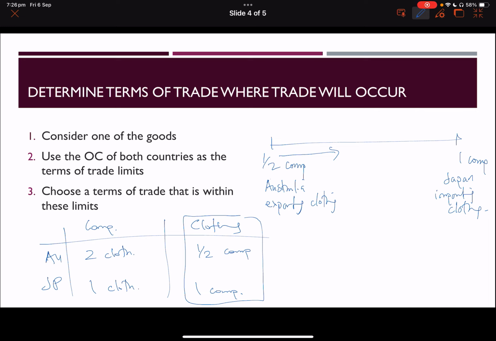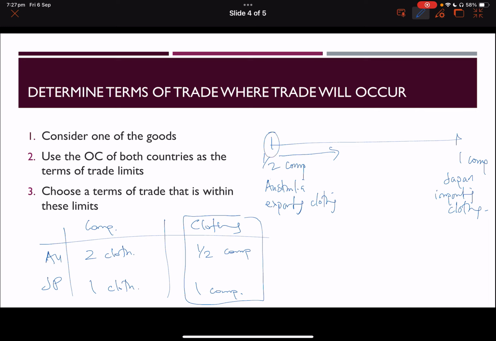That's its structure of the economy at work. If it can get more than half, it's better. So the return will be higher. So if Australia can find a country, let's say like Japan, which is willing to give it more than half a computer in return for one piece of clothing, it's going to jump on that because that's a better return. That's why everything to the right of the left boundary makes sense to Australia.